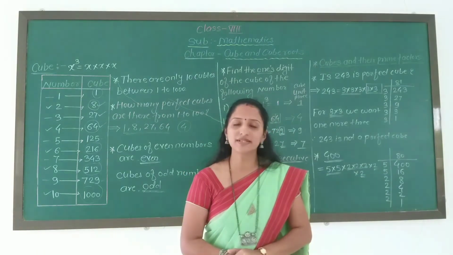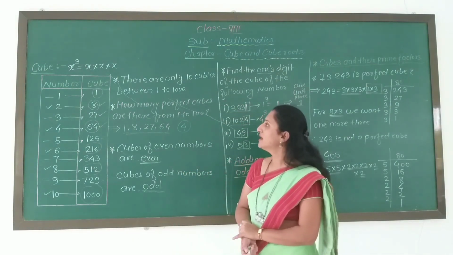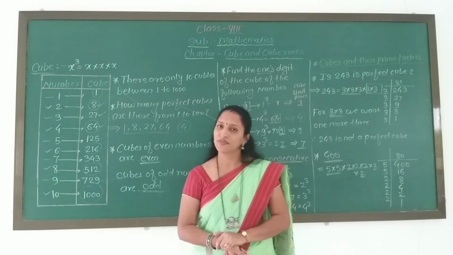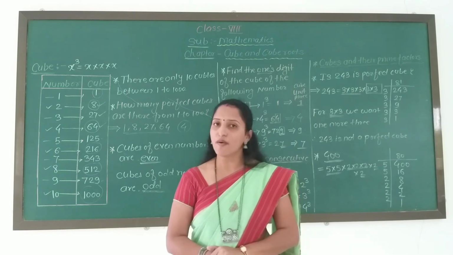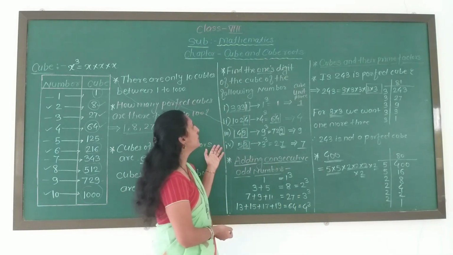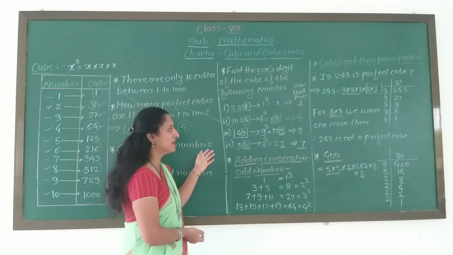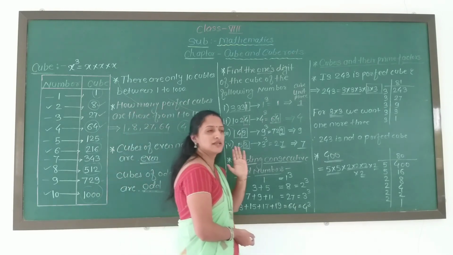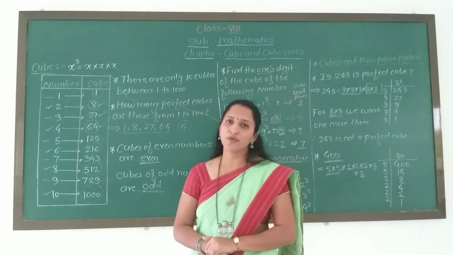Understood, my dear students? Okay. So in today's session, we have learned how to calculate cubes. The cube of even numbers are even, and the cube of odd numbers are odd. Also, we find out the ones digit of the cube of the given number, and prime factors of the cube of the number.